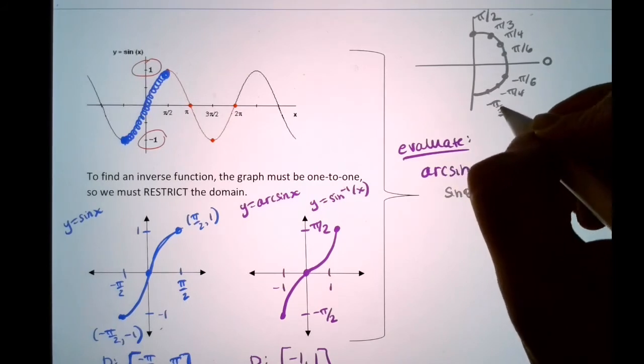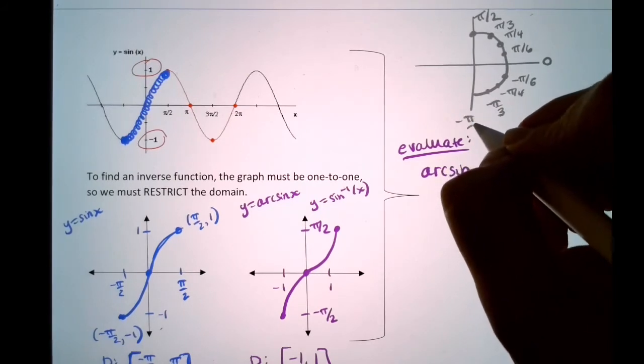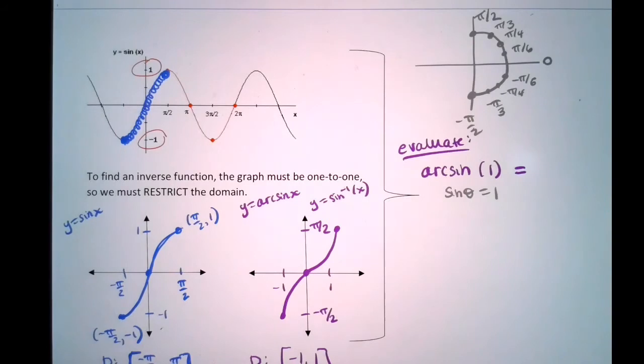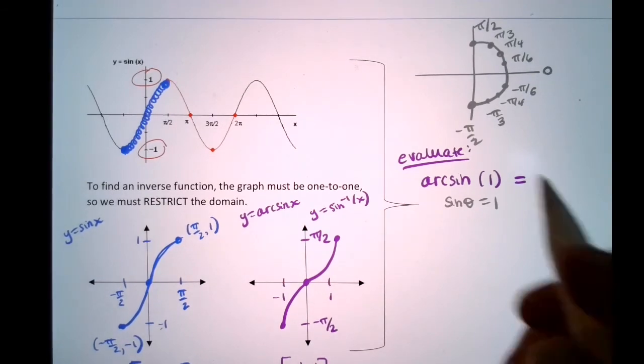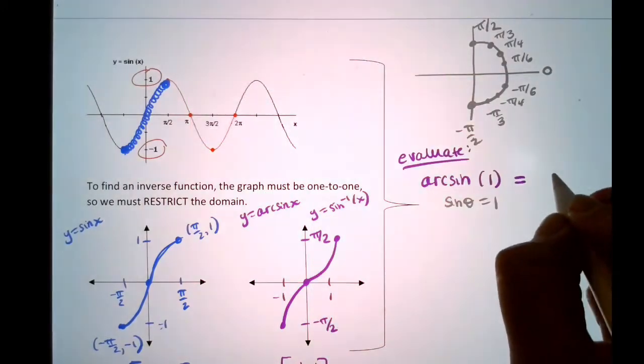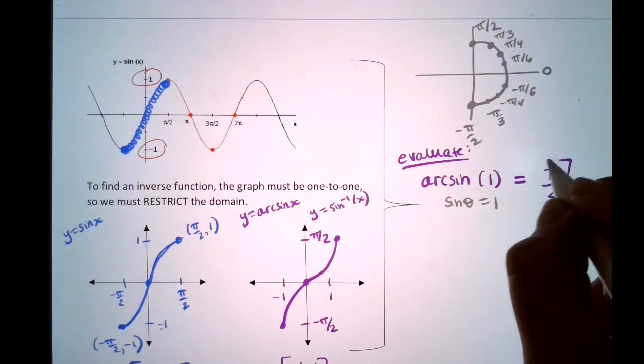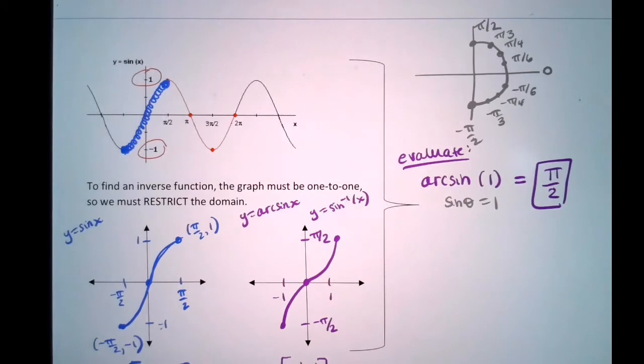And that makes this negative pi over 2. That's the way I look at it. Now, the sine ratio is the y coordinate from the unit circle. So the angle that has a y value of 1 is pi over 2. And these are things you have to know and be able to do in this class. Okay.